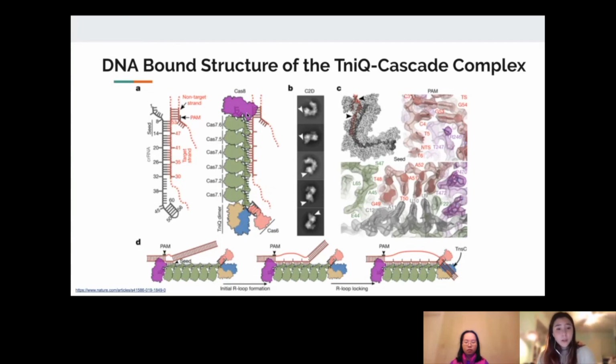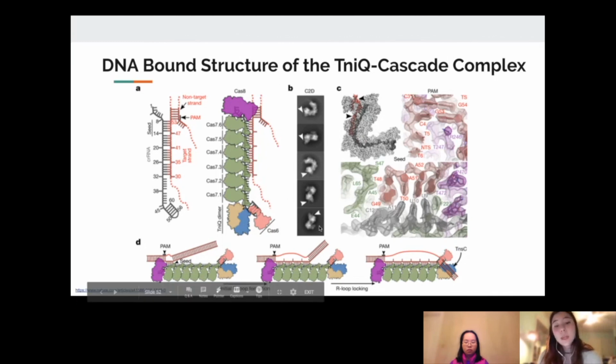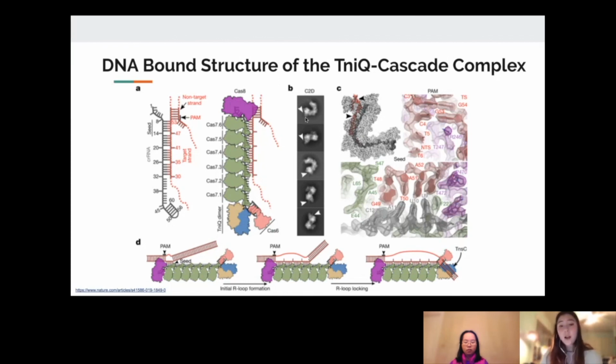So this again shows that all parts of Cas7 are linked to the length of the CRRNA, which is helpful in binding the target sequence. And then we look at the Cas6 and TNIQ dimer down at the bottom. If we look at part B, we can see these are the cryo-EM generated pictures of what the structure of the TNIQ cascade complex might look like.